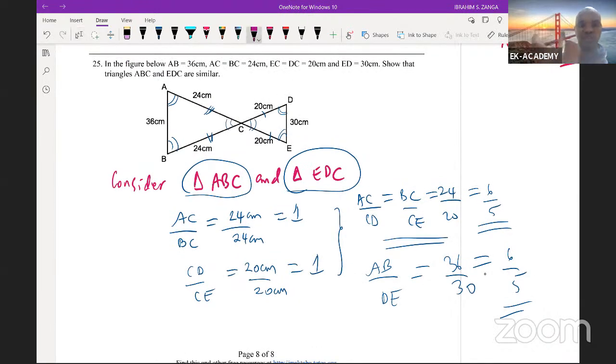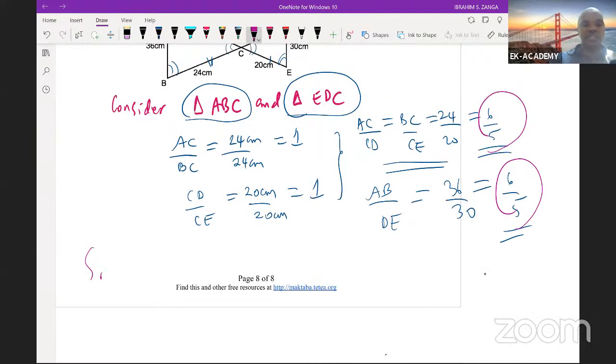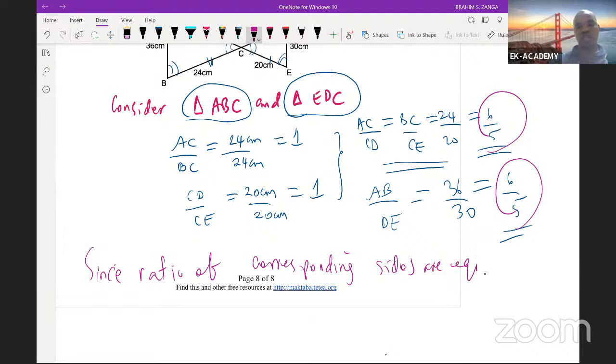We can conclude with one factor we are going to use here, the ratio of corresponding sides are equal. So since the ratio of corresponding sides are equal, then triangle ABC is similar to triangle EDC, hence shown.